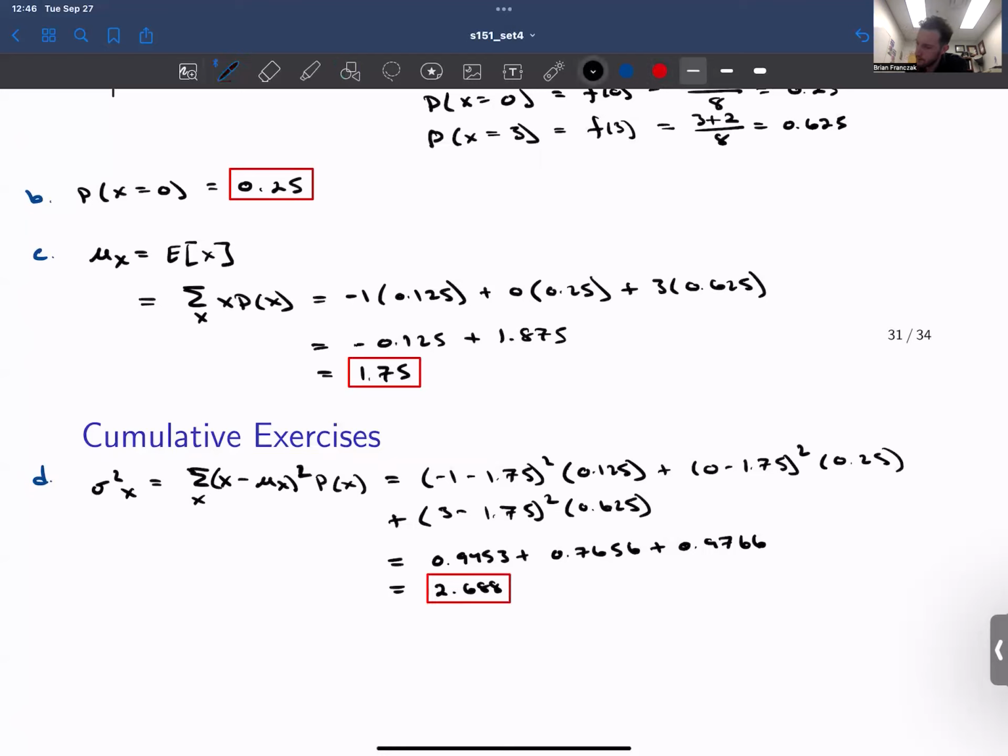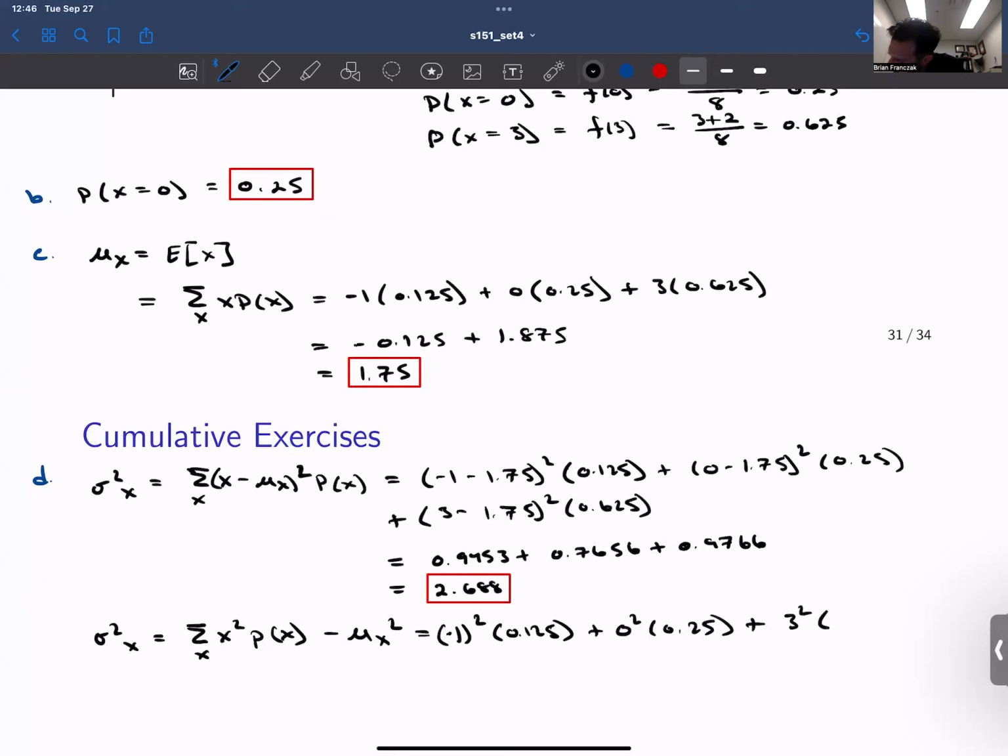Okay. Alternatively, we could use the computing formula. So in this case, we would have the sum across x of x squared times the probability of x minus mu x squared. So this is going to be negative 1 squared times 0.125 plus 0 squared times 0.25 plus 3 squared times 0.625 minus 1.75 squared.